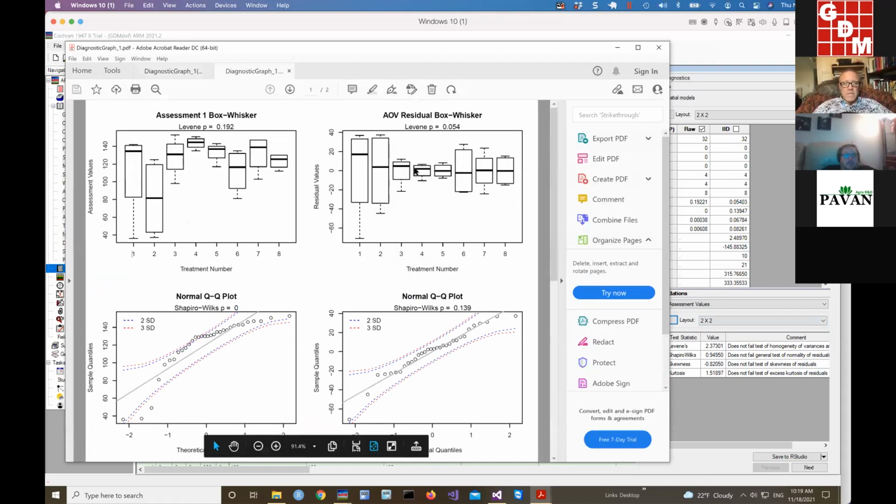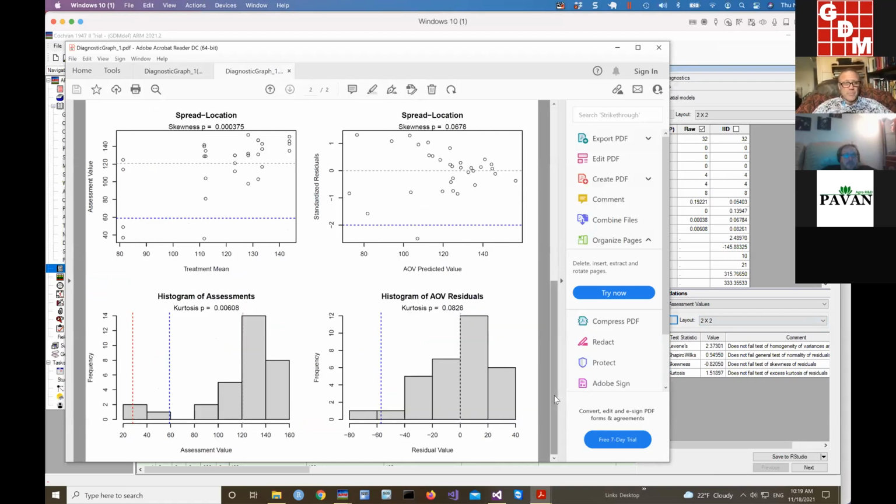We don't see enough of a difference in our statistical test for the assumption of heterogeneity to reject the null hypothesis that there is no heterogeneity, although this is a bit worrisome. And we see it in the skew location plot. The skew location plot is going to give us a hint of what is causing the problem.